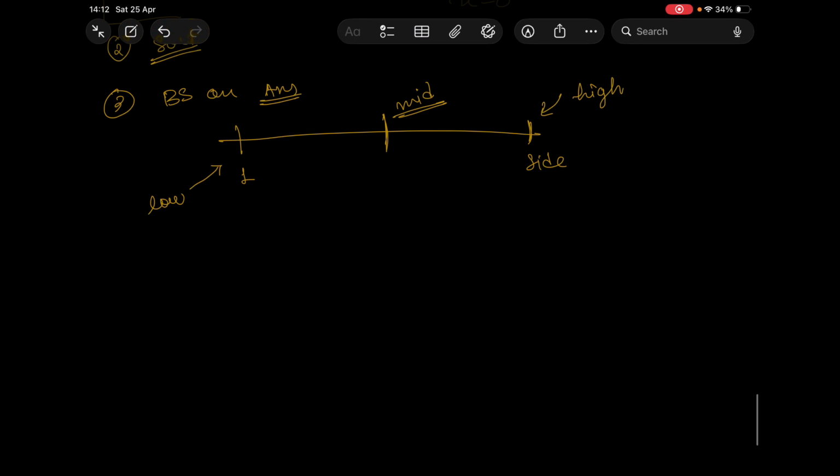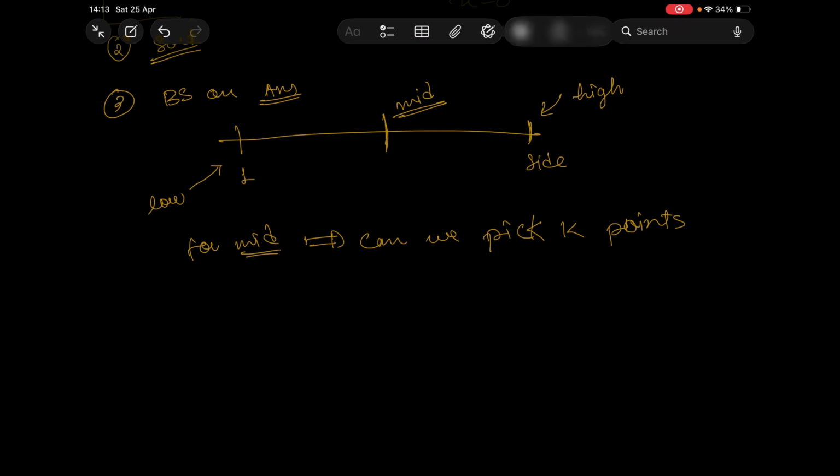So this answer is basically saying that if this is the minimum distance I take, then can I select k points? So for this mid, can we pick k points?